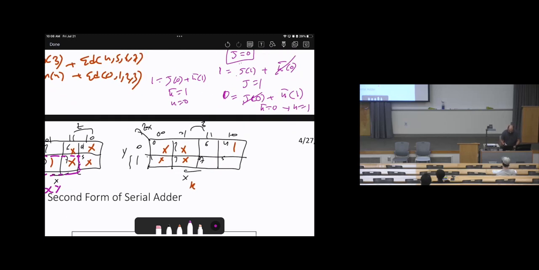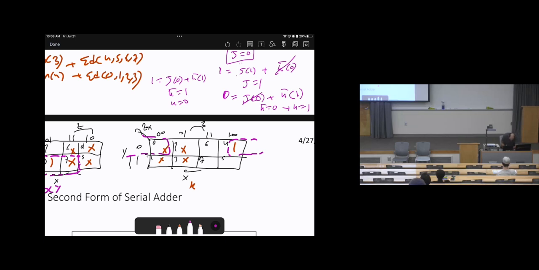Then let's look at k. Can we combine 4? No. Combine 2? Yes. How? This side with this side. So this is located in the y bar. Let's look at x bar, y bar. Yeah, it's y bar, x bar.